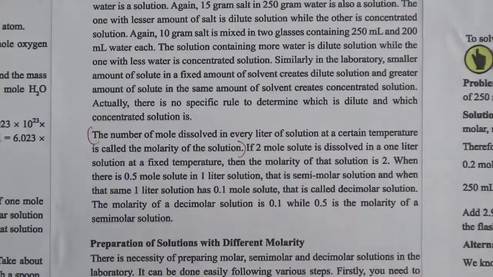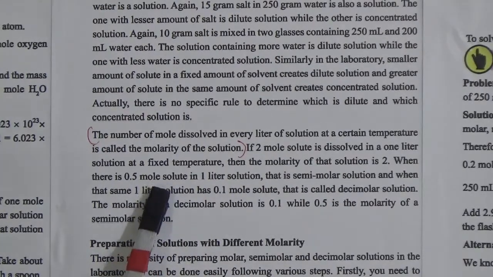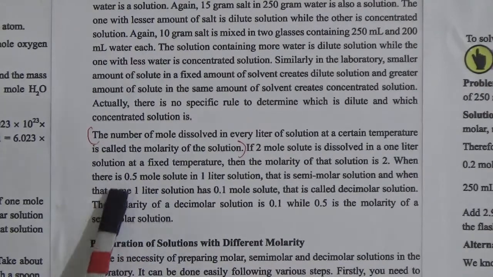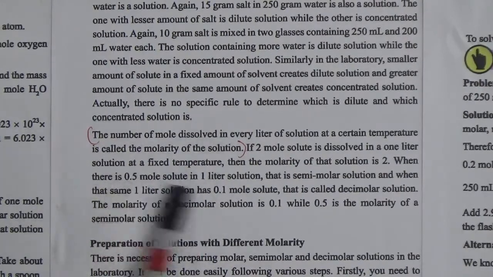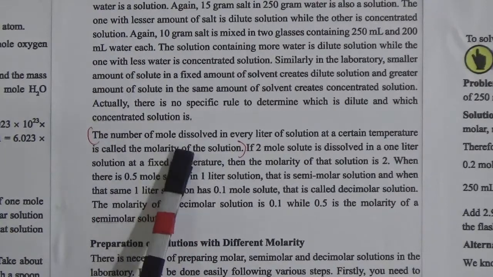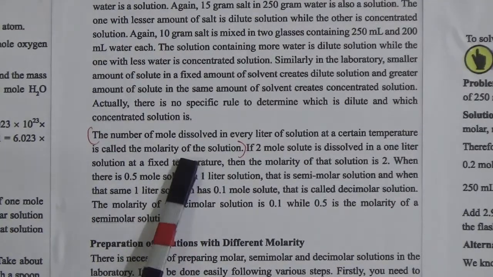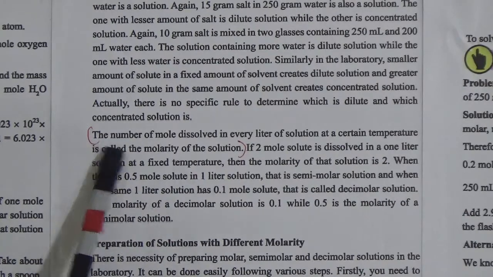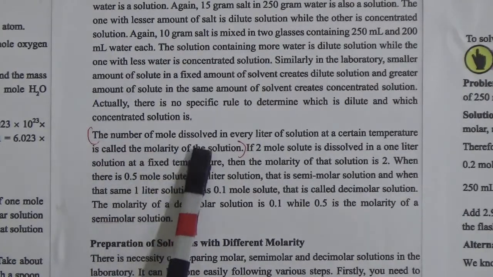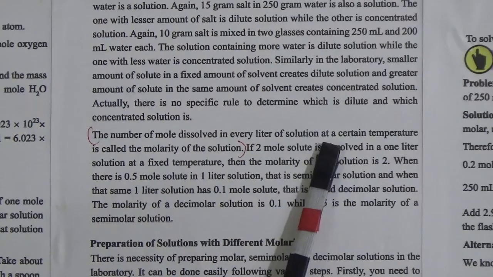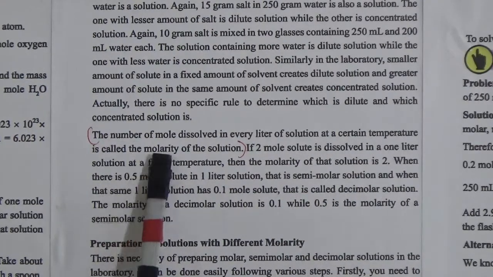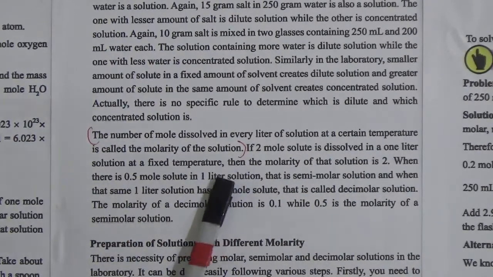We know a molar solution is, at a fixed temperature, 1 mole of solute dissolved in 1 liter of solution. And if we do not know the number of moles, then the number of moles needed for every liter of solution at a certain temperature is the molarity of that solution.